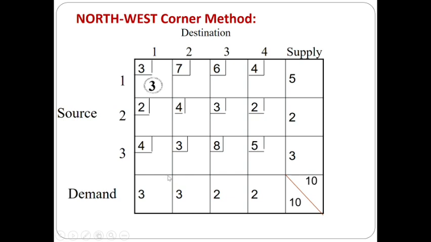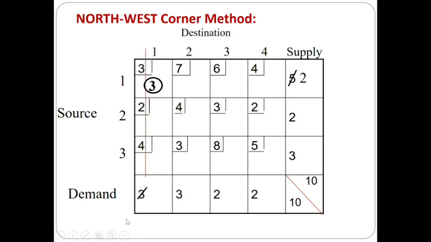So the remaining demand will be 0 and the remaining supply will be 2 units after allocating 3 units here. Since there are 0 remaining units of demand, we can cross out the entire column.